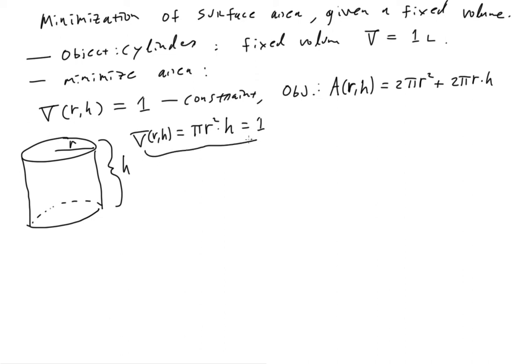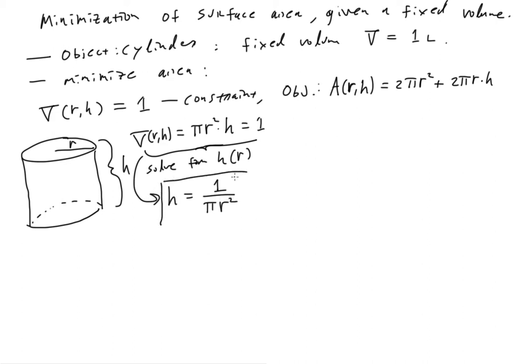All right, so as with all of these problems, we want to solve, here we're going to solve for h in terms of r, so we're going to find the function, and that should be pretty easy. From this equation, we can see pretty easily that h is going to be equal to 1 liter over pi r squared.